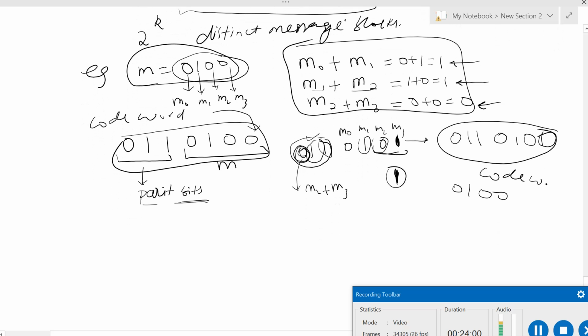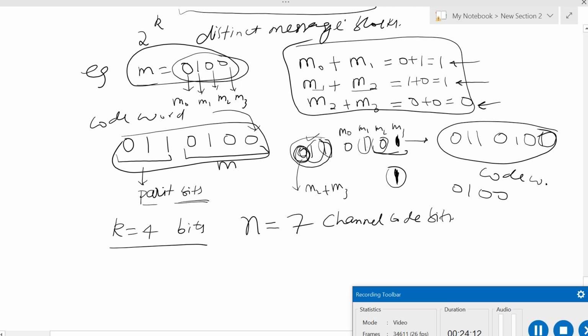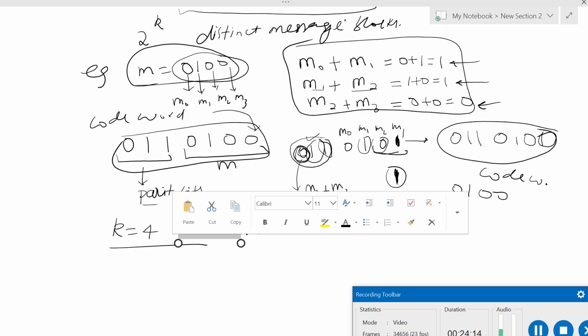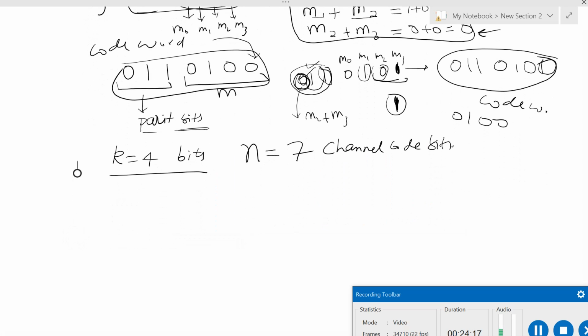See, what are we doing here? We are taking here k is equal to 4 message bits at a time, and we are generating n is equal to 7 channel bits, channel code bits. Okay. Now we will give it a general shape.